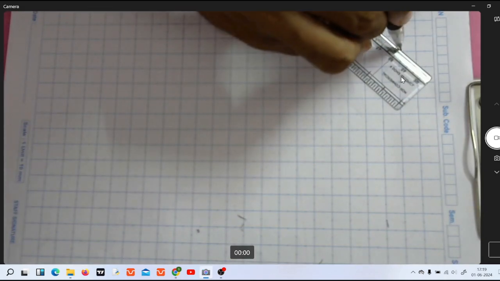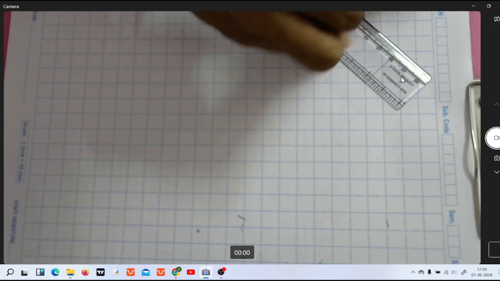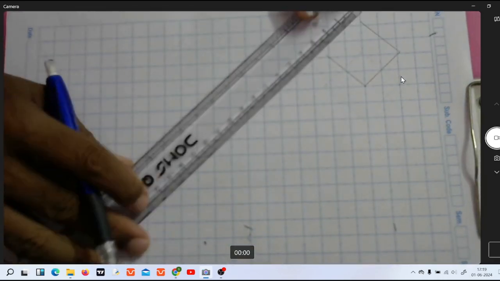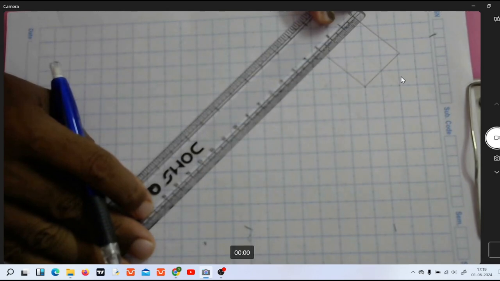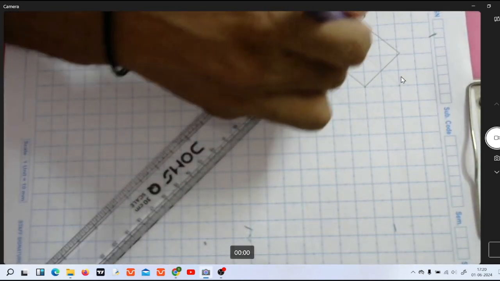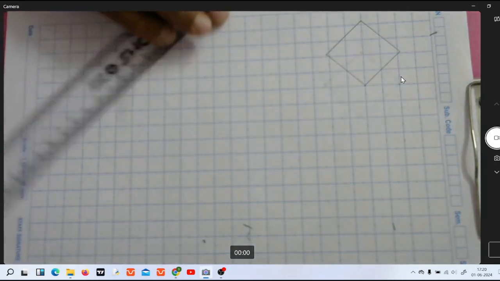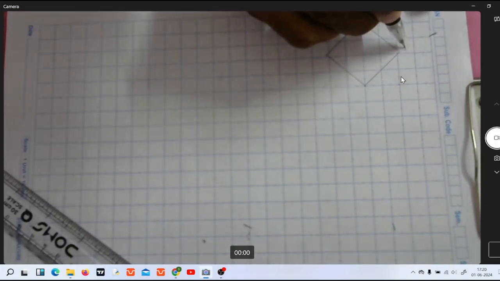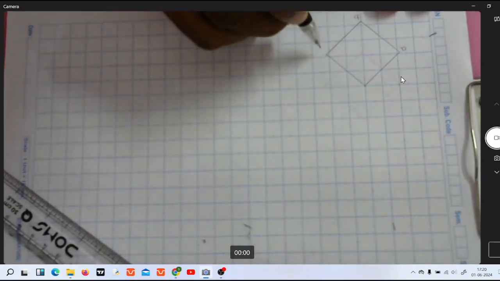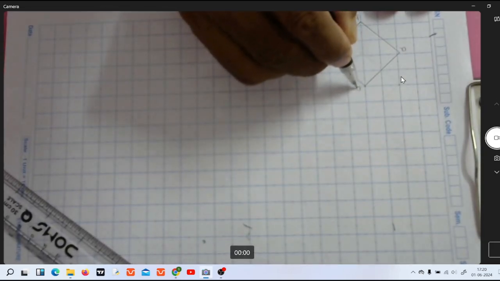Now let us draw the downside, again 30 mm. Now let us mark the base points A, B, C and D.